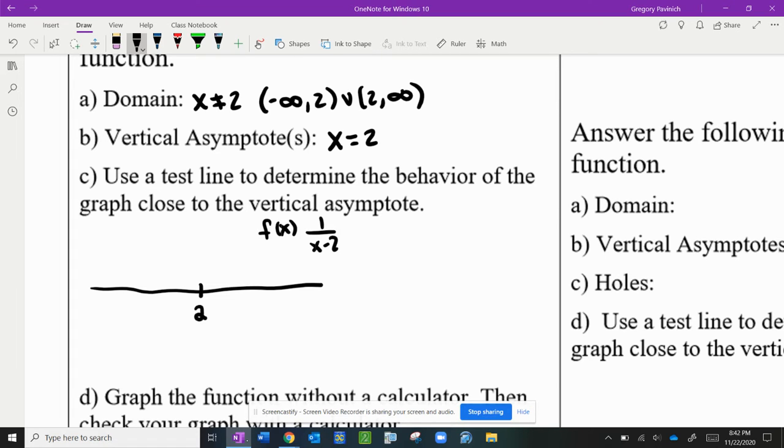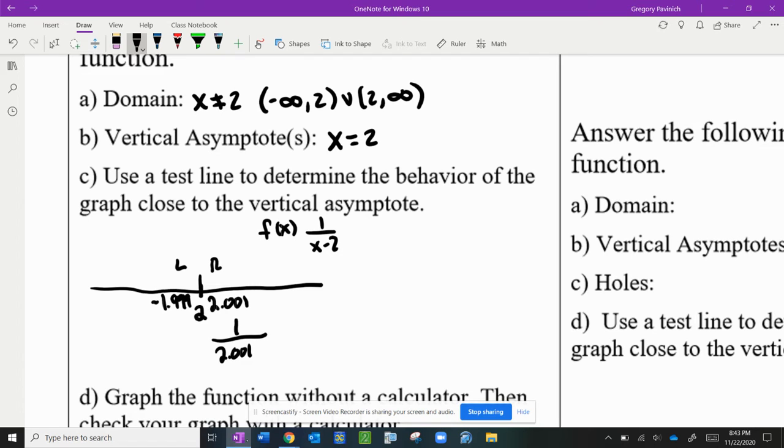What I want to do is plug in numbers really close on the right side of 2 and on the left side of 2 and plug it into the equation. So really close, I mean really close. A little bit to the right would be 2.001, and to the left would be 1.999. So I'm going to plug those in.